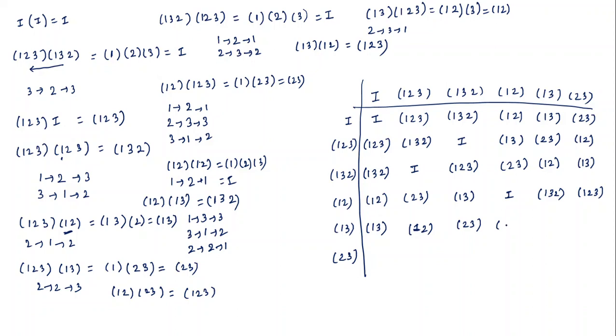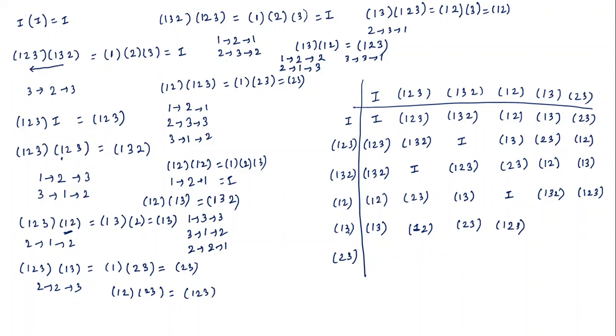Are you sure? 1 is mapped to 2, 2 is mapped to itself. Yes. Now 2 is mapped to 1, 1 is mapped to 3. So this 3 is fixed and 3 is mapped to 1. Right. Okay, so we will be having (1 2 3) here.